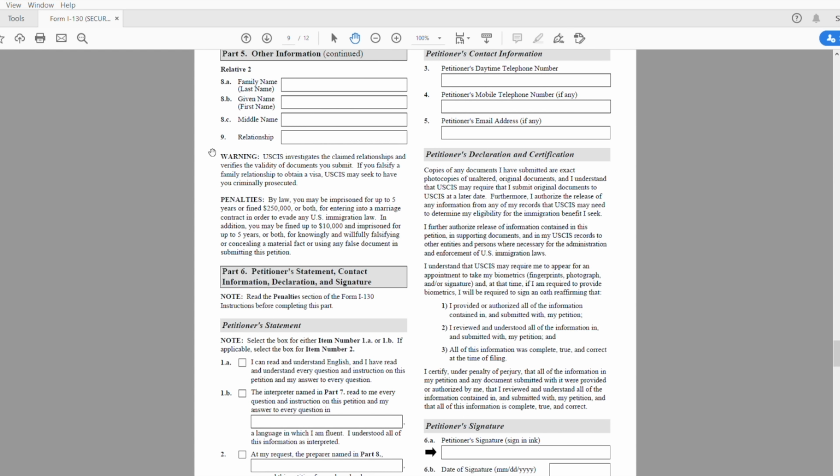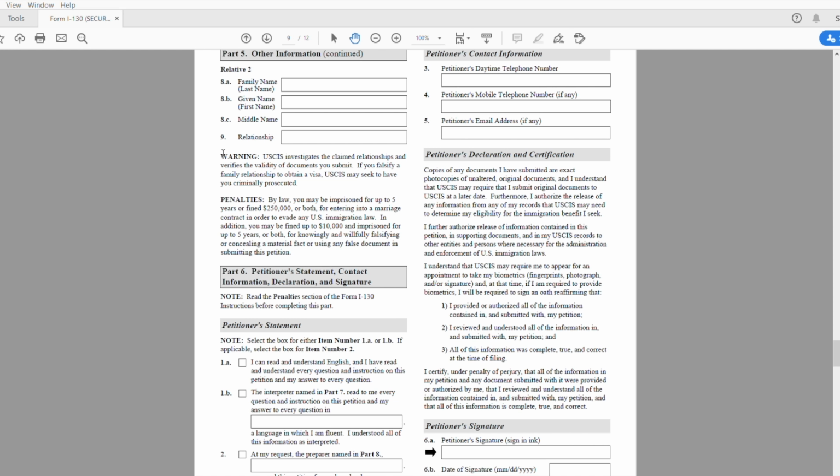Here, USCIS provides a warning that USCIS investigates the claimed relationships and verifies the validity of documents you submit. If you falsify a family relationship to obtain a visa, USCIS may seek to have you criminally prosecuted. And the penalties that would be applicable by law, you may be imprisoned for up to 5 years or fined $250,000 or both for entering into a marriage contract in order to evade any U.S. immigration law.